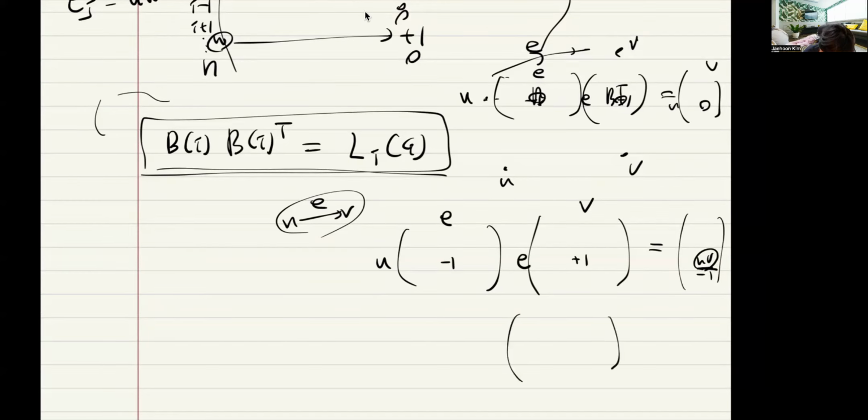So how does this matrix look? All the coordinates which correspond to the edges of G are -1. And on the diagonal, what do you have? You consider U and U here.